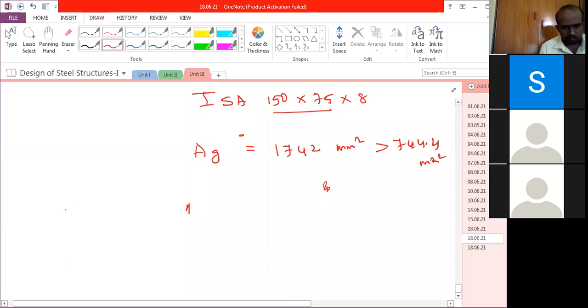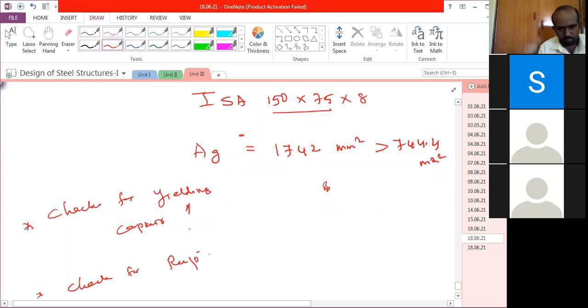Now you have to check for yielding capacity. So 3 more steps you do it in your home: check for yielding capacity, check for rupture capacity, and calculate the number of bolts required as per normal practice.